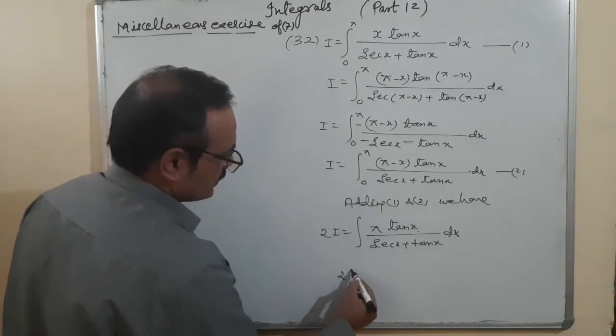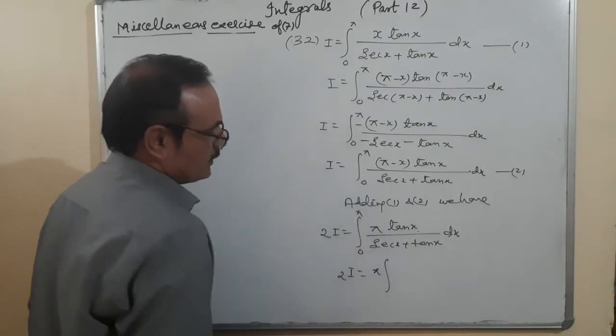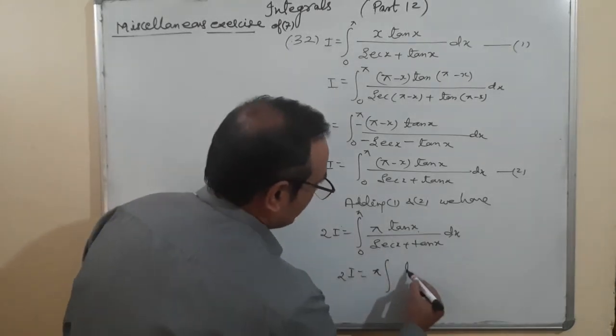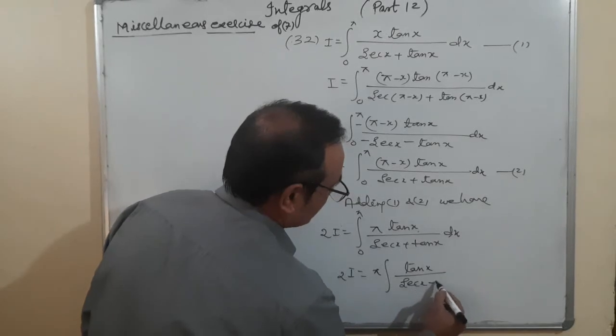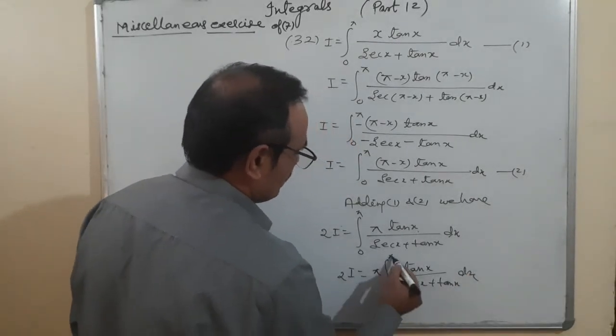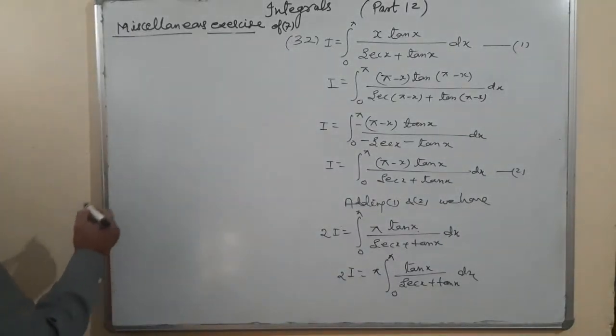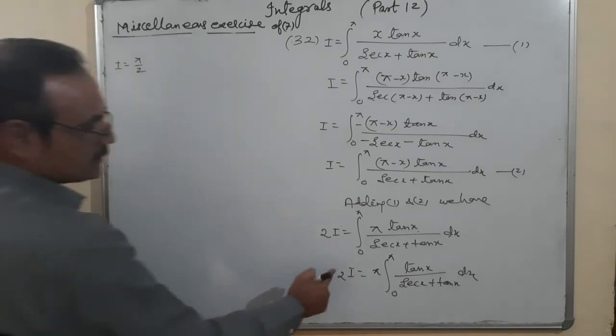So 2I is equal to pi times the integration from 0 to pi of tan x upon sec x plus tan x. Is that okay? 0 to pi. I is equal to pi by 2. I is equal to pi by 2.